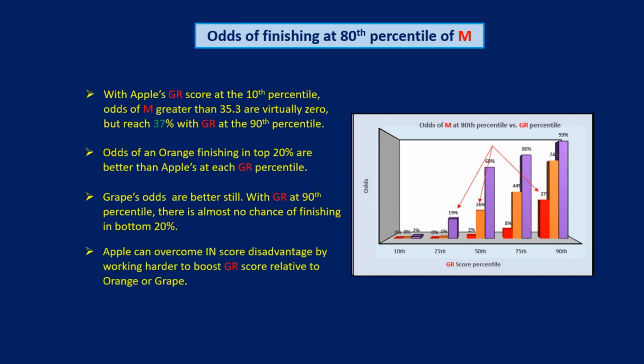An apple at the 50th GR percentile has better odds than an orange at the 25th GR percentile, and an apple at the 90th GR percentile has better odds than an orange at the 50th percentile and a grape at the 25th percentile. This demonstrates how greater effort can compensate for the IN score disadvantage.